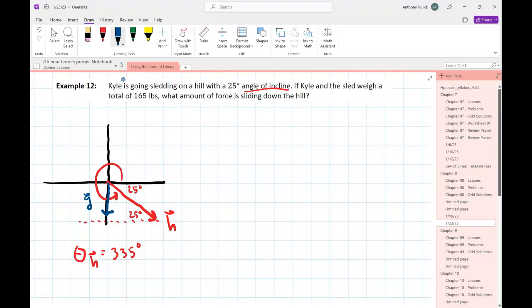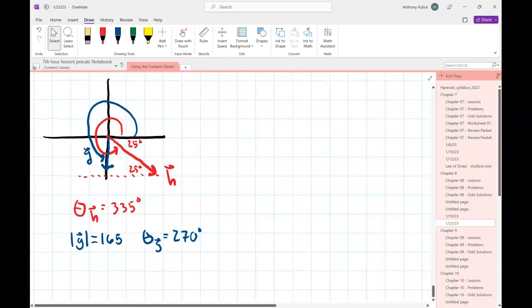So I know that the magnitude of gravity is 165. And if I want the angle, that's just going to be 270. Everybody okay with this so far?